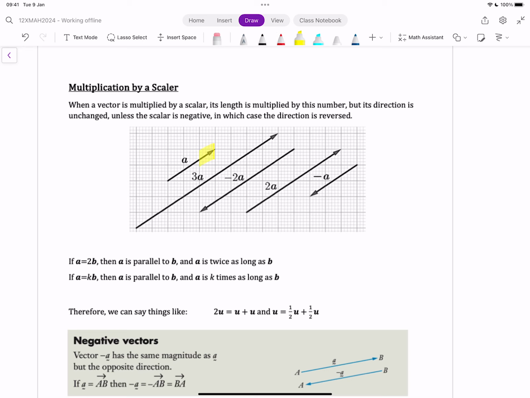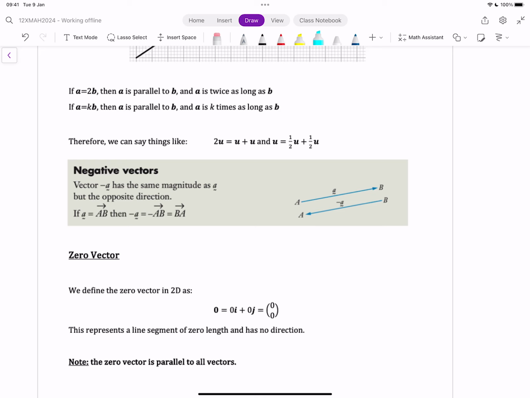So here we can see we've got the vector A and the vector 2A. Multiplying the vector A by 2 just doubles its length. If I multiply the vector A by minus 1, it's the same vector except it's facing the opposite direction.